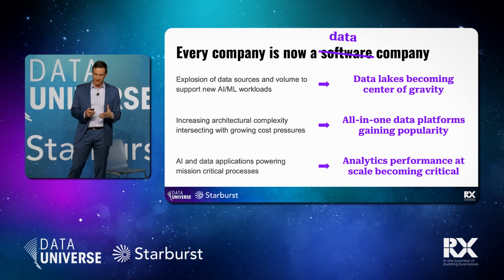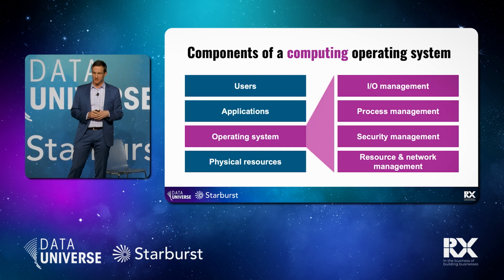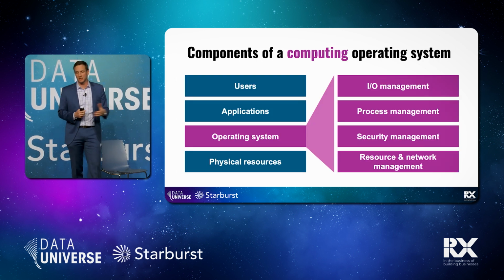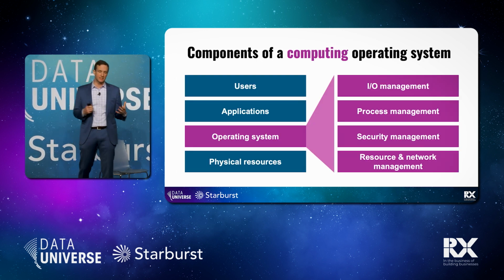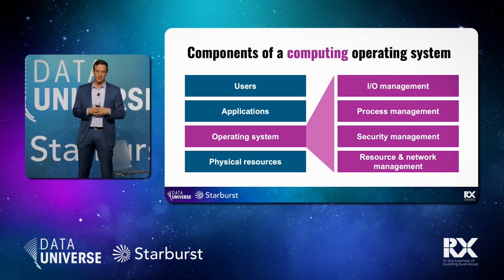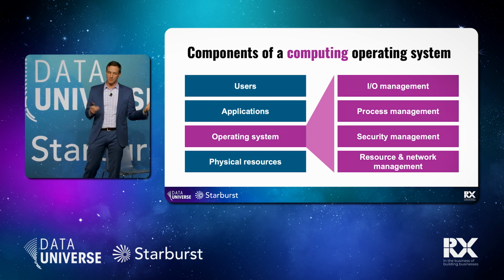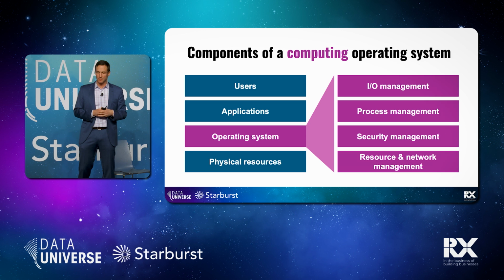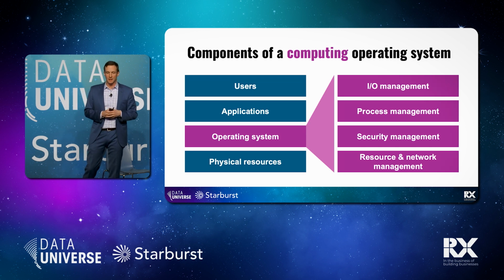So how do we simplify all of this and bring this together? Now, again, to go back to the operating system analogy, operating systems manage computer hardware, software resources, and provide common services for programs. It manages everything from memory and processes and I/O, and allows you to communicate with the computer without having to understand the underlying machine language.